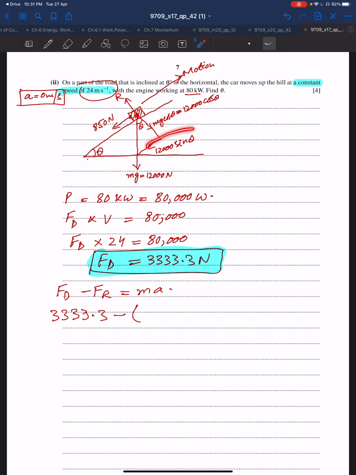R1 is this one, which is 12,000 sine theta plus 850, equal to 1200 into 0.